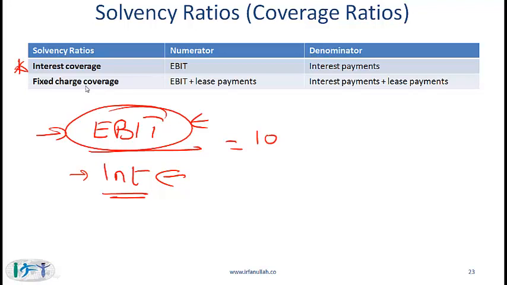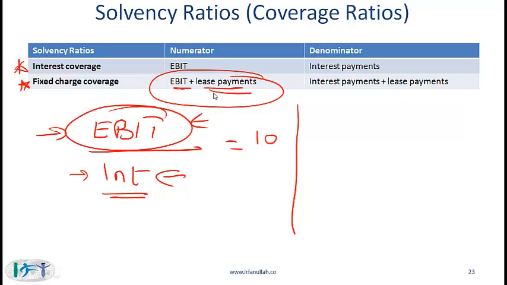Fixed charge coverage, this is EBIT plus lease payments divided by interest payments plus lease payments. You will understand this better when we do the chapter on long-term liabilities and leases later, but just to give you a very brief explanation. In the numerator, we use EBIT plus lease payments because typically EBIT is calculated after making lease payments.